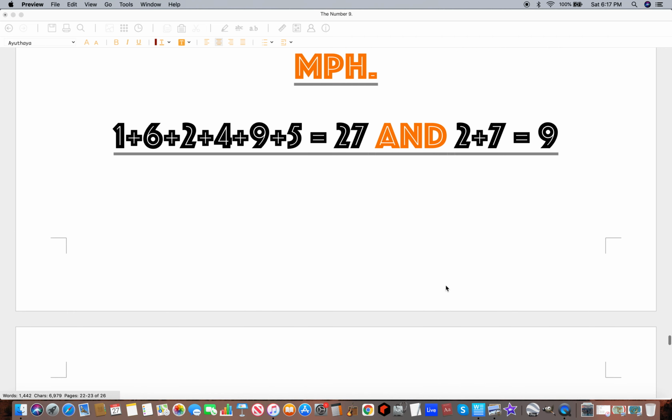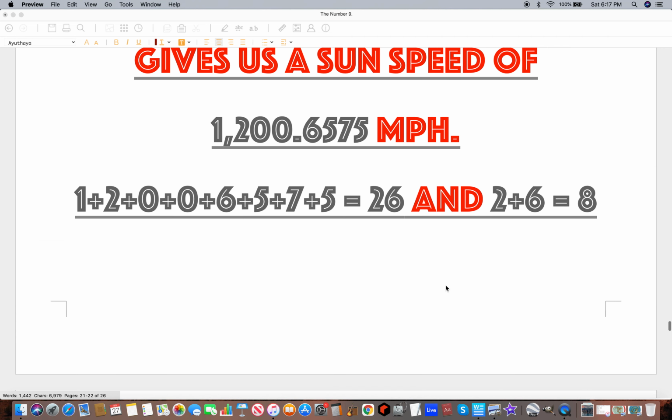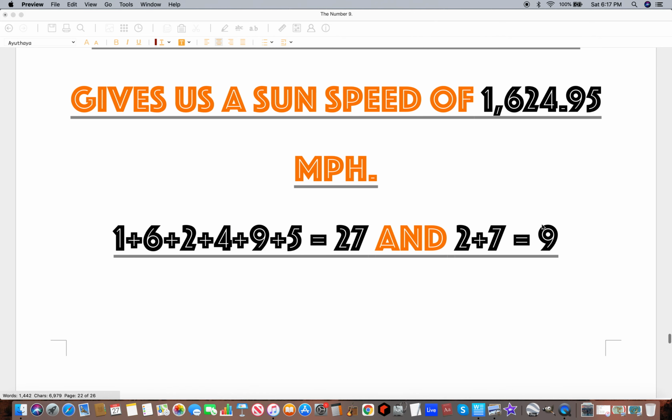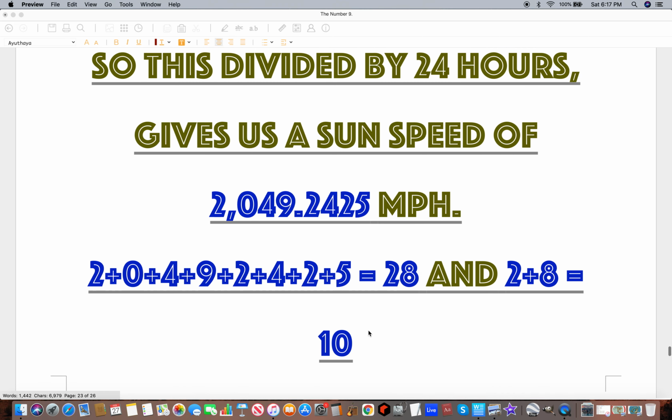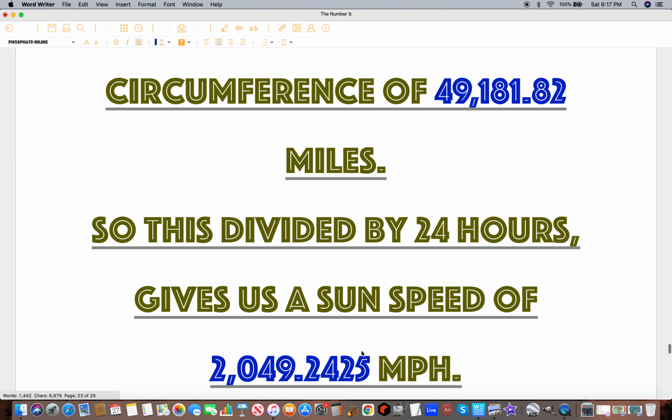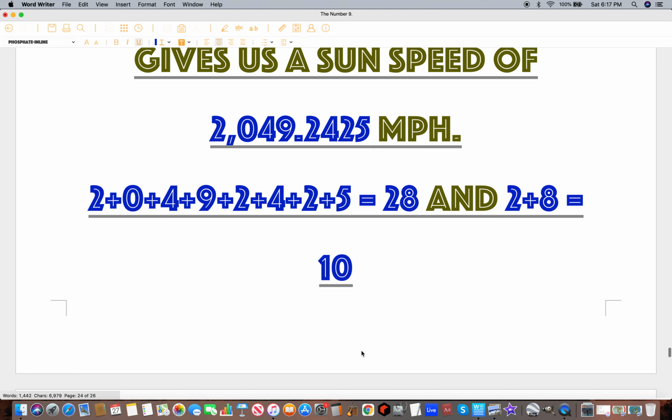So we actually get, strangely enough, 26, which comes to 8. Then we get 27, which comes to 9. And then we get 28, which comes to 10. Right? So that's for the apparent sun speed over those three locations: the Tropic of Cancer on the 21st of June, the equator at the equinoxes, and the Tropic of Capricorn on the 21st of December.